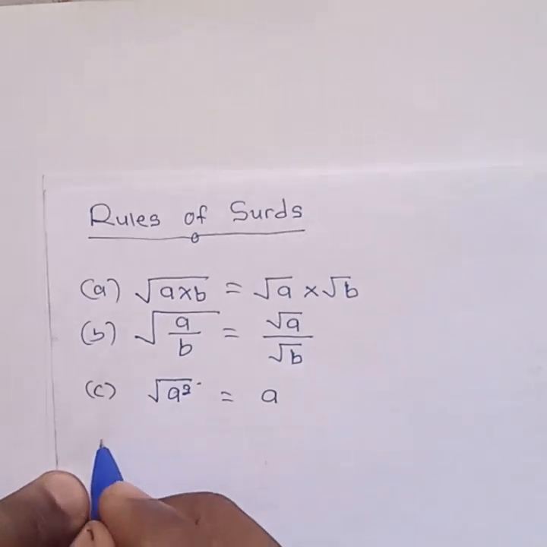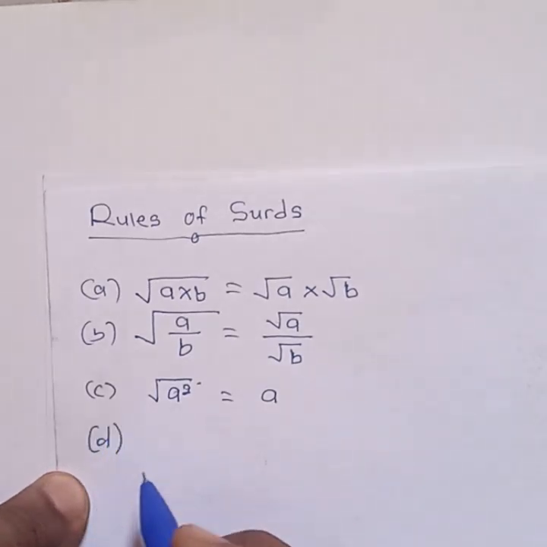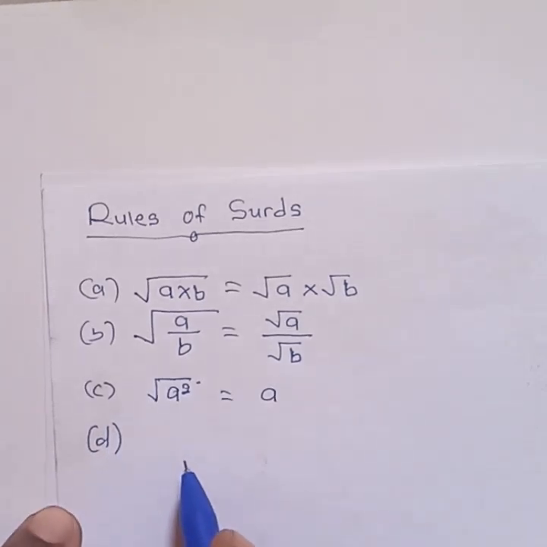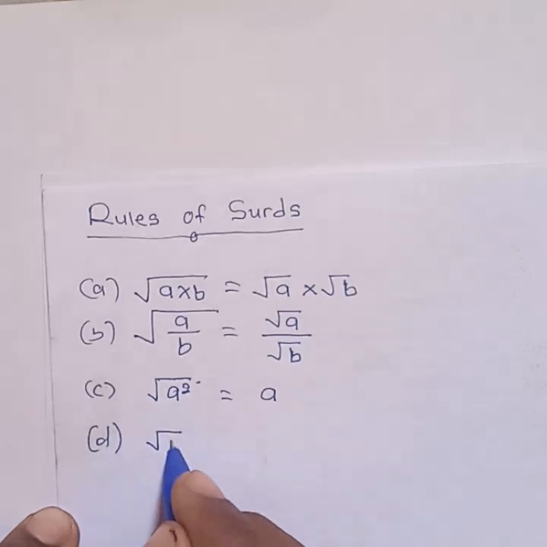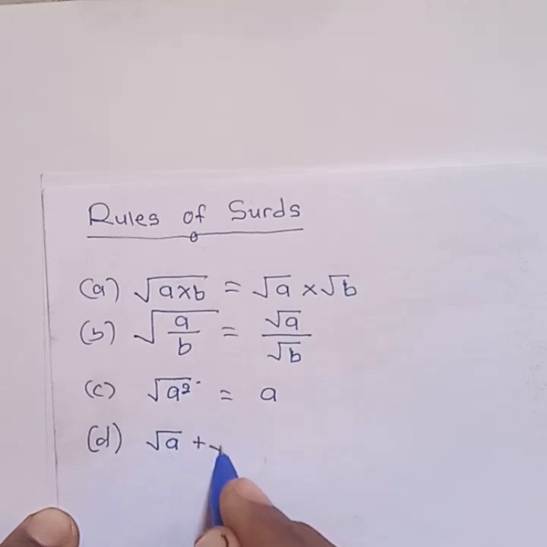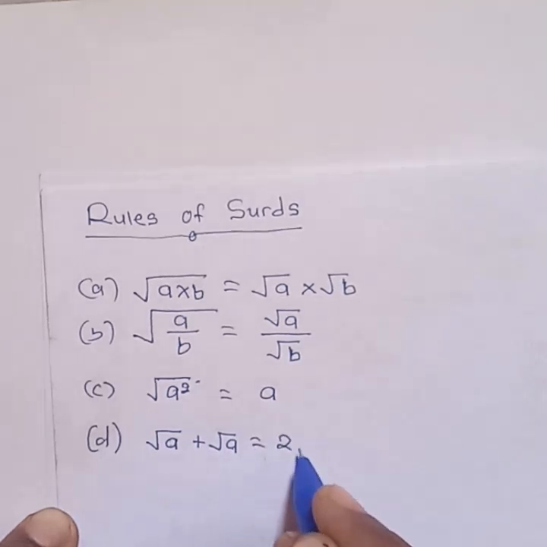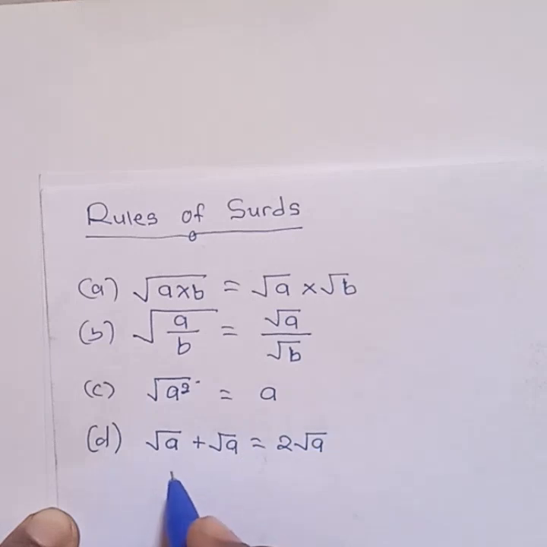Now the last rule is we should know that only like sorts can be added or subtracted. For example, when we have square root of A plus square root of A, these are like sorts, so we can have two square root of A, but never unlike sorts.